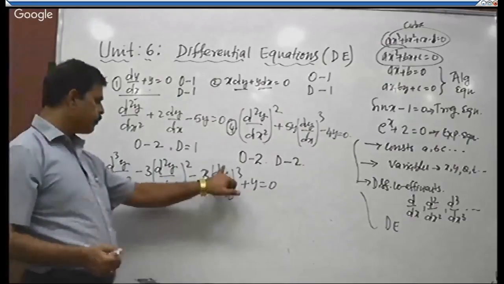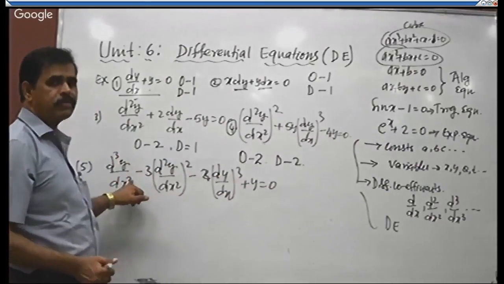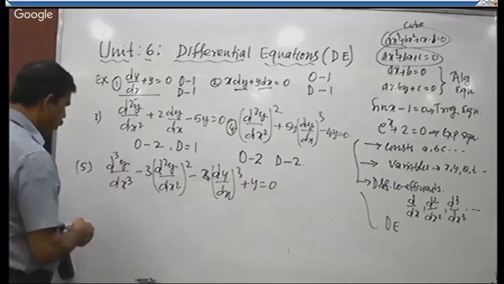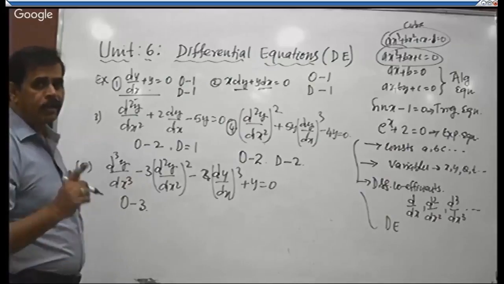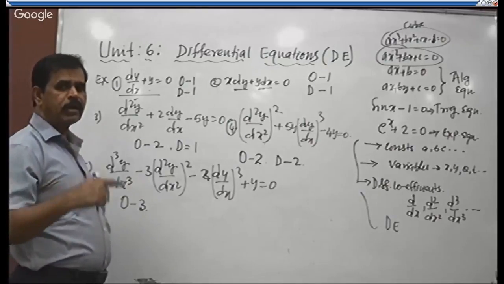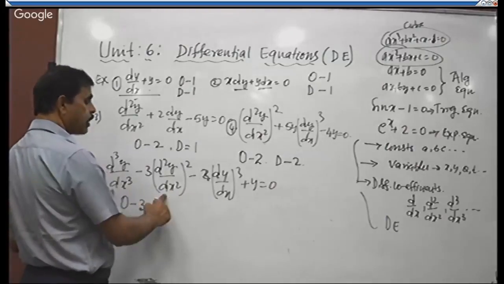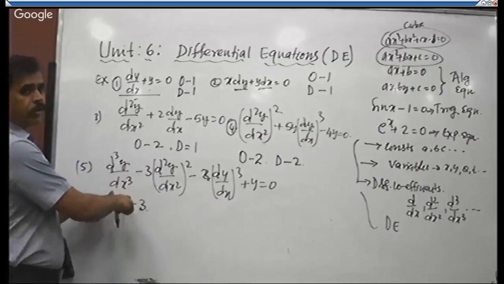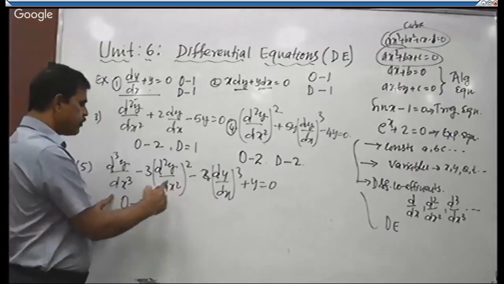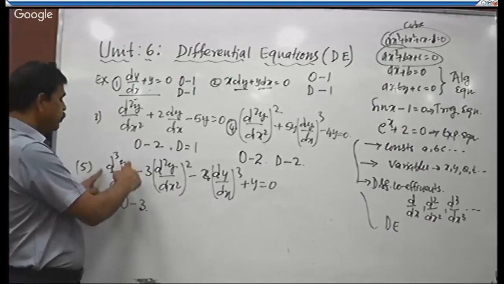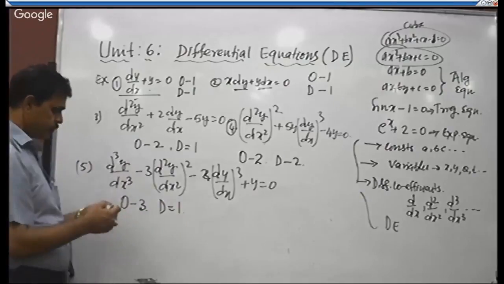It is having first order, second order, and third order derivatives. Which is highest? Third order. Therefore, order is 3. What is degree? Degree means the highest power of the highest derivative. Don't look into these two because they are lower derivatives compared to this. This is third order, this is second order, this is first order. Which is highest order? Third order. Whose power is to be considered? So degree is 1. Right?